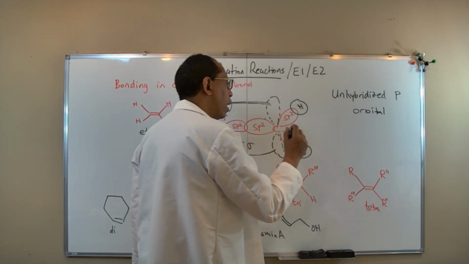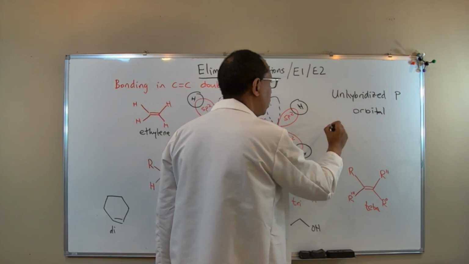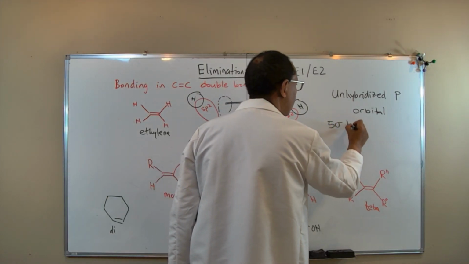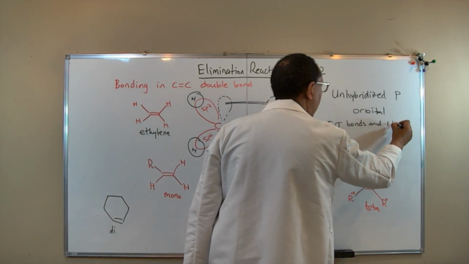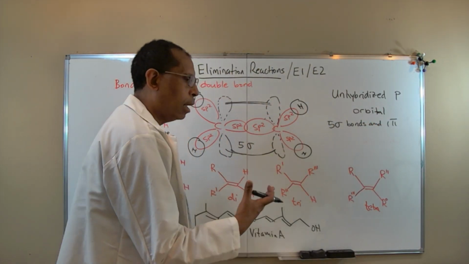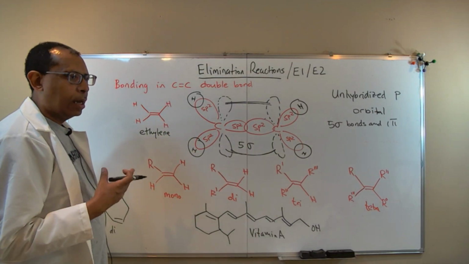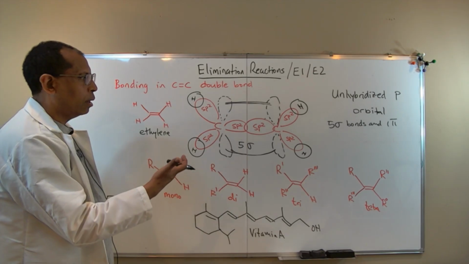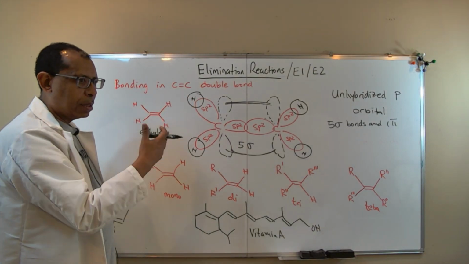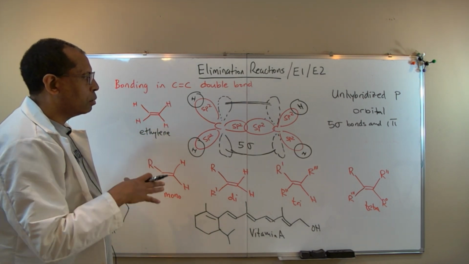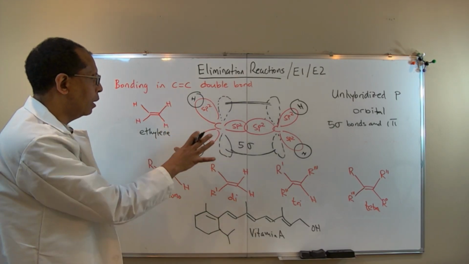So ethylene or any alkene is made of, at least for this one, 5 sigma bonds and 1 unhybridized pi orbital. So this is how the bonding looks like in alkenes. The alkyne would have 2 unhybridized p orbitals, therefore it makes the second pi bond to make a triple bond. But now we are just focused on an alkene.